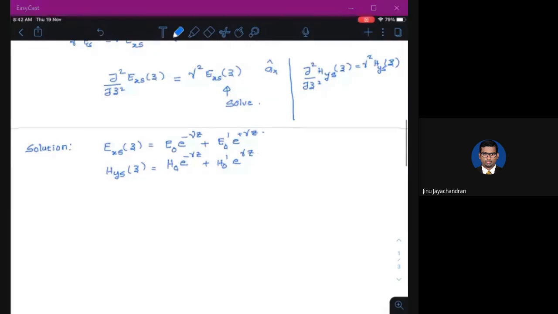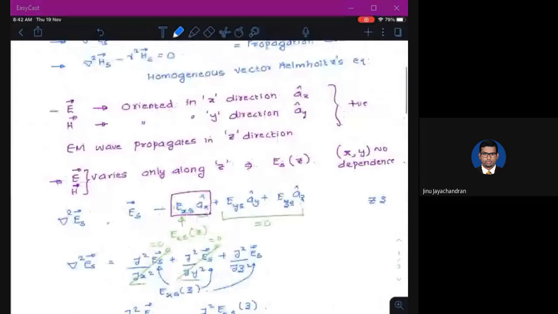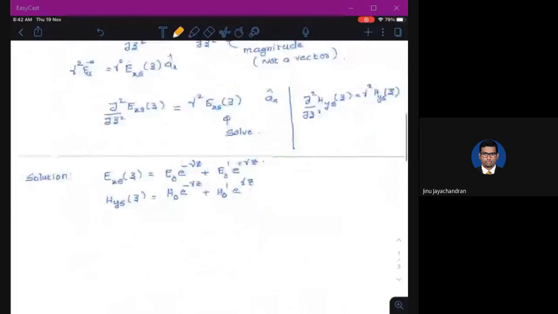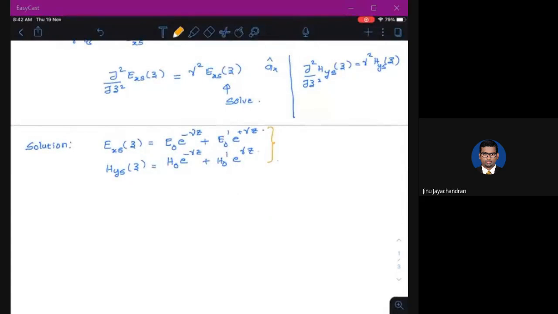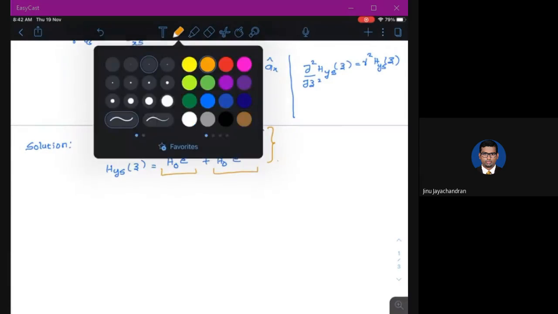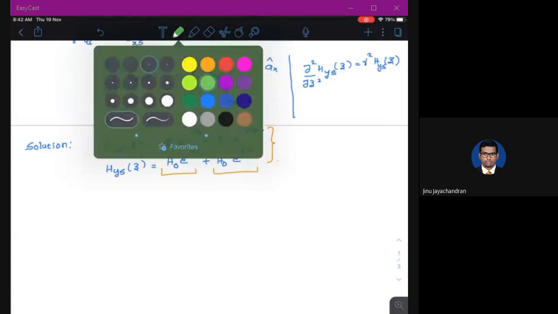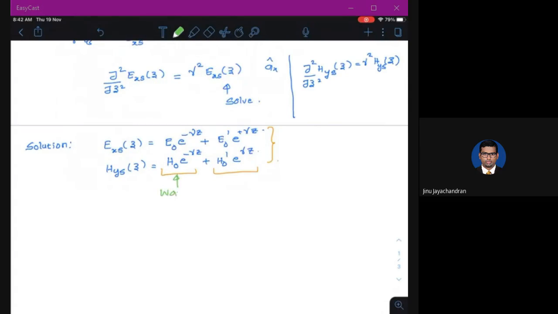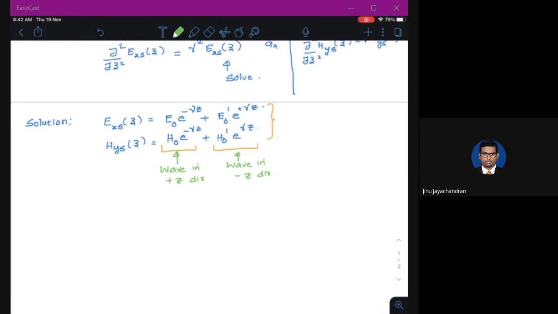Okay. Now there is one assumption that we made, that the wave is propagating in positive Z direction. If you look at these two equations, you see that there are two components, and we know that the first component is the wave propagating in plus Z direction, and this is the wave propagating in minus Z direction. But we already made the assumption that the wave is only propagating in plus Z direction.